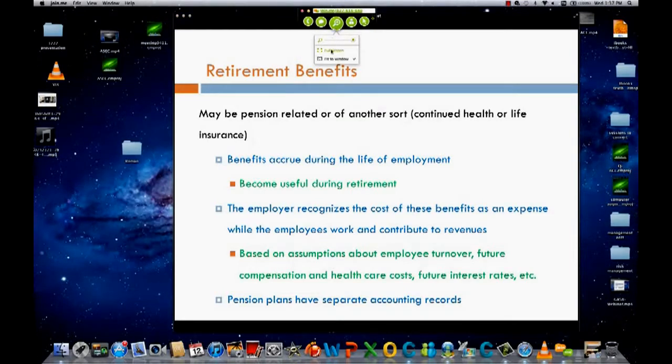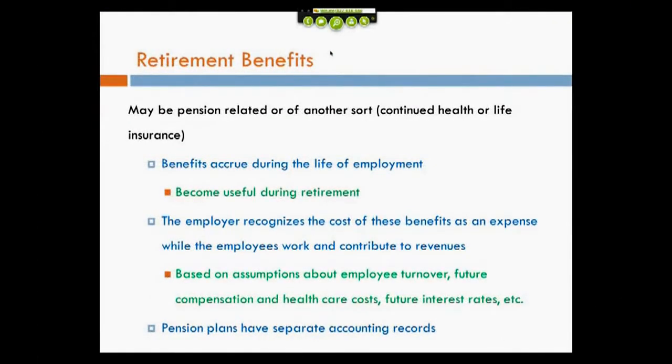The employer is expected to recognize these costs as an expense while the employee is working and contributing to their revenues. So it's just the expense of labor, if you would. Now, here's the thing. You don't really know what the cost is going to be at the end, based on a lot of actuarial speculations.